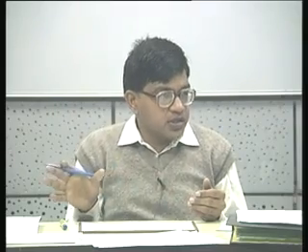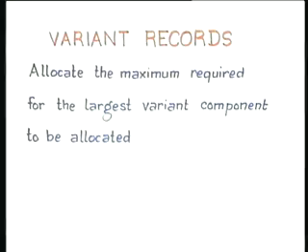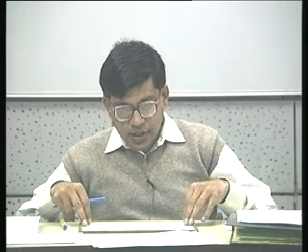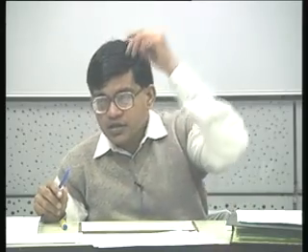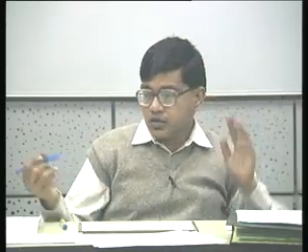And if you are looking at a smaller variant, then that just occupies a space that is a part of this larger space that you have allocated, and the initial portion of that larger space is all that it will occupy, right. So, that is how these record structures are implemented, and that is how they allow also random access to the fields of the record.